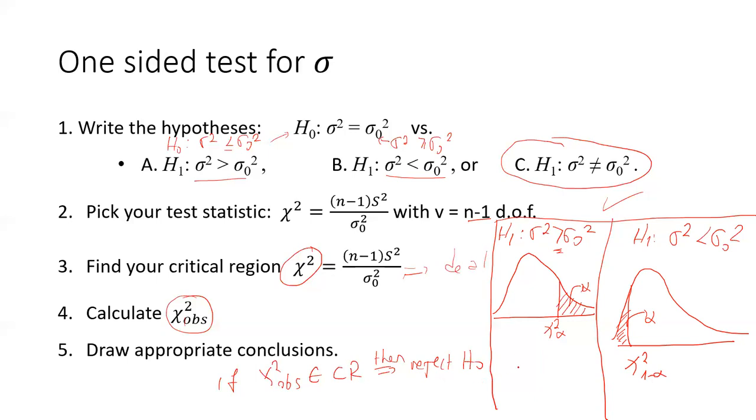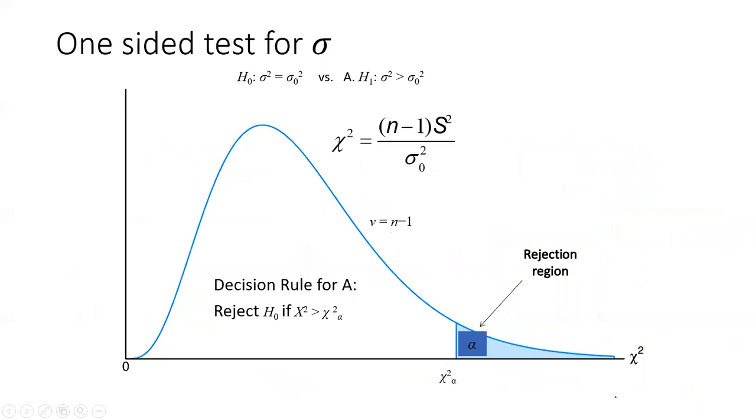Here it is chi-square alpha to infinity, and here minus infinity to chi-square 1 minus alpha. For the greater case, this is my critical region.